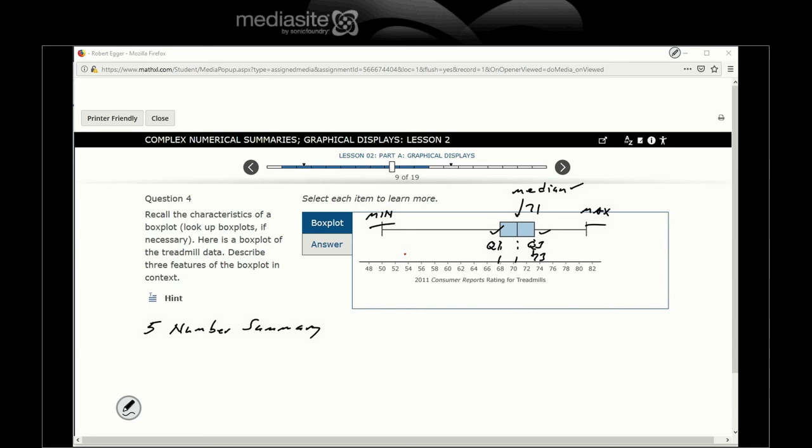The box itself, quartile 1 to quartile 3, is half, or 50% of your data points. So half of all your data is between quartile 1 and quartile 3.